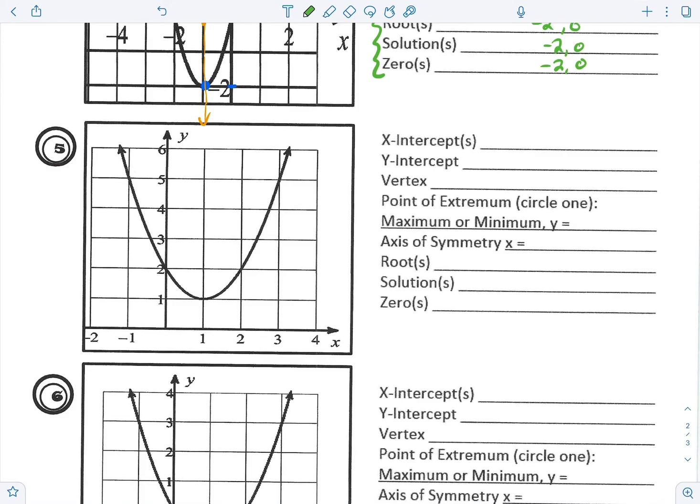The answer is no. So therefore we say that there are no x-intercepts, which means that for the roots and solutions, there are no solutions. No roots, no solutions, no zeros. Now you try the other ones: y-intercept, vertex, point of extremum, and axis of symmetry. Then try number 6 and we'll go over it together.